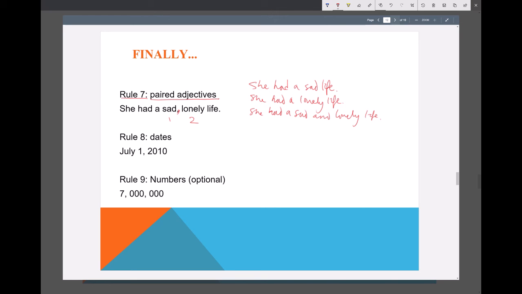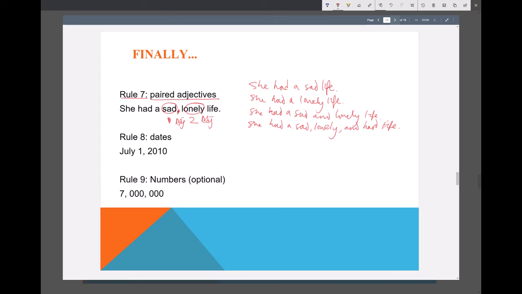If you had 3 adjectives, sad, lonely, and hard, perhaps, so I'd say she had a sad, comma, lonely, comma, and hard life. So we're back to that list again. See? But with a pair, you put the comma between the pair, like that. And these are adjectives.